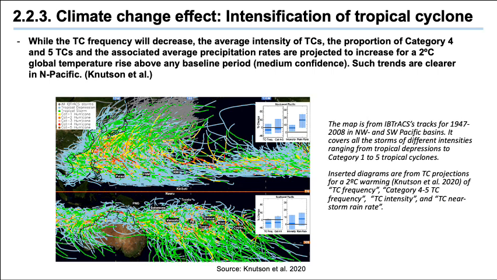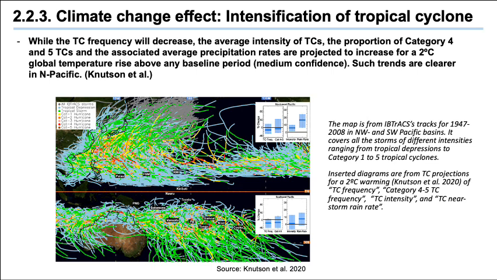Rising mean sea level will contribute to higher extreme sea levels associated with tropical cyclones. Coastal hazards will be exacerbated by an increase in the average intensity magnitude of storm surge and the precipitation rate of tropical cyclones.